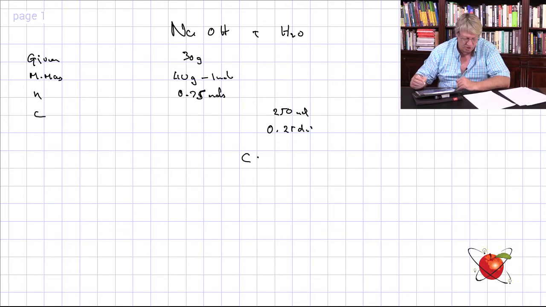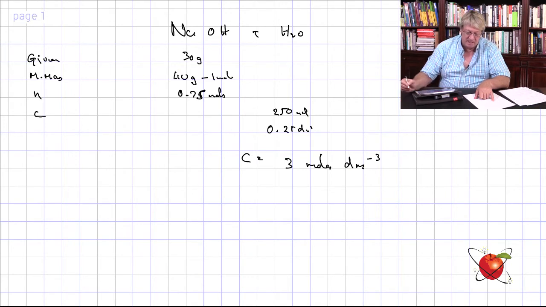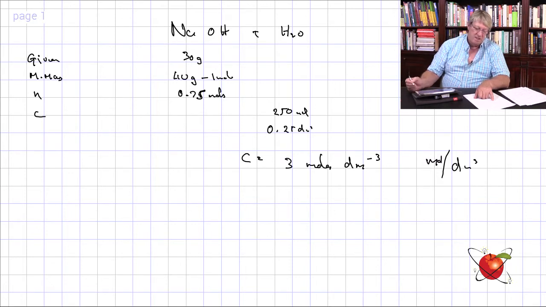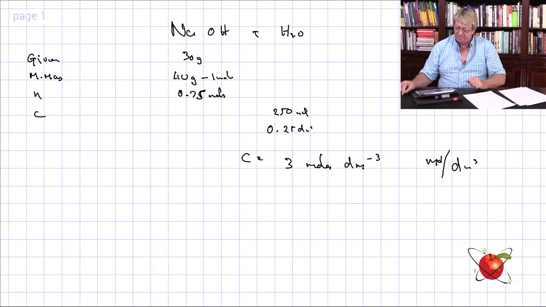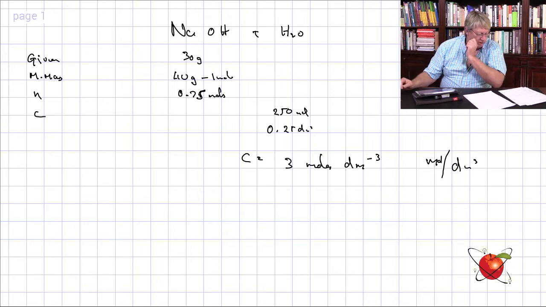Therefore, my concentration is going to be 3 moles per cubic decimeter. It's also mol dm cubed, moles per dm cubed, same thing, right? Now, let's read on to what they say.